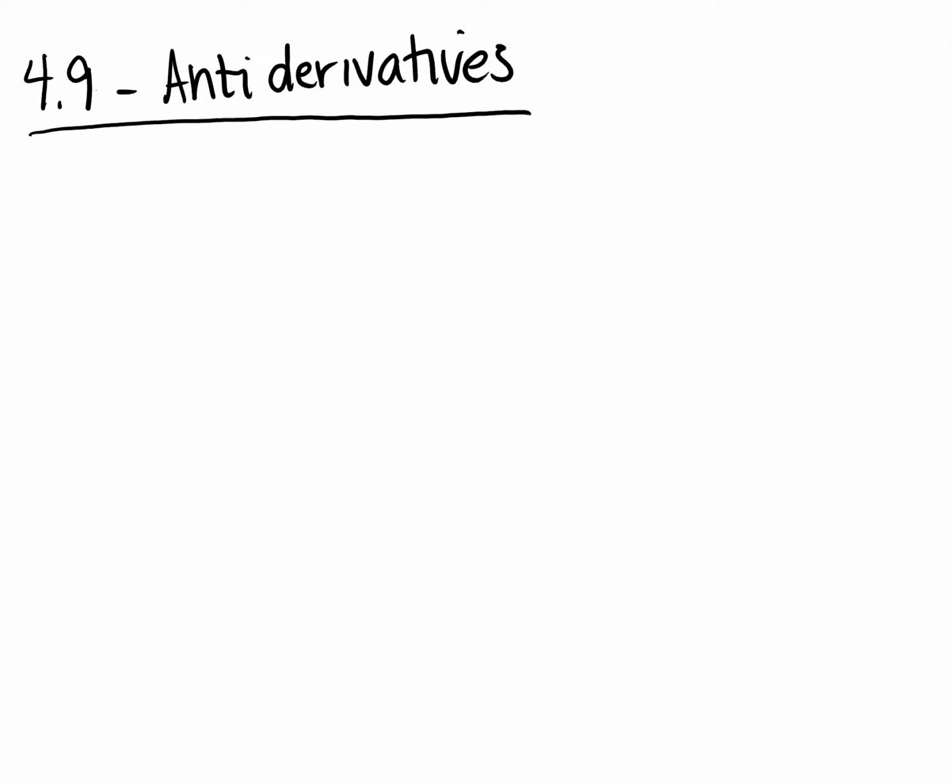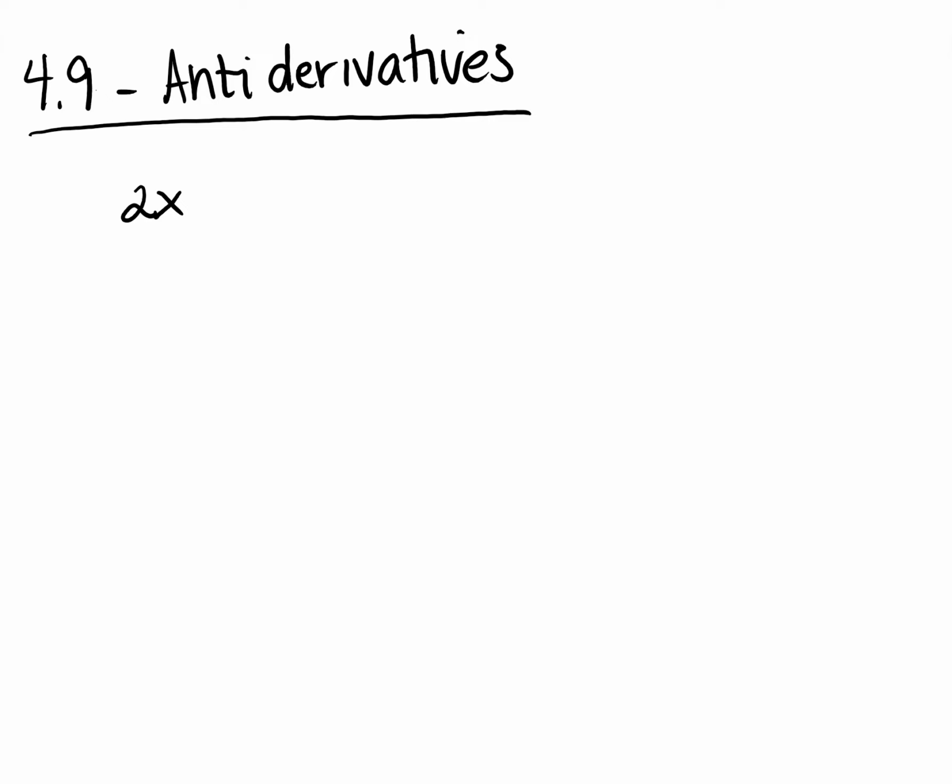So here's the idea. This section talks about something equally as important as taking derivatives: what if I am given a function? Let's say I have some function 2x, can I find a function so that I know this is the derivative of that function?